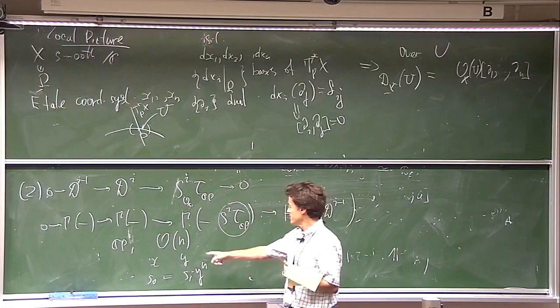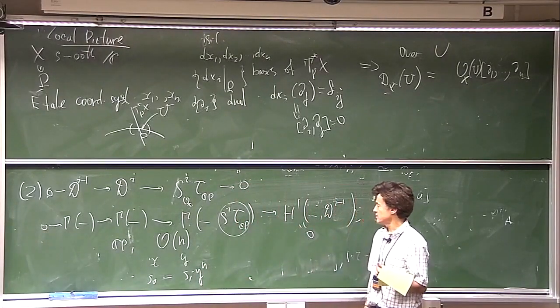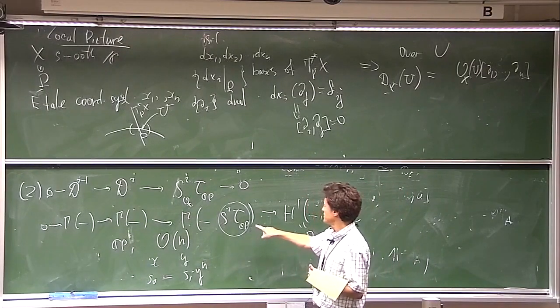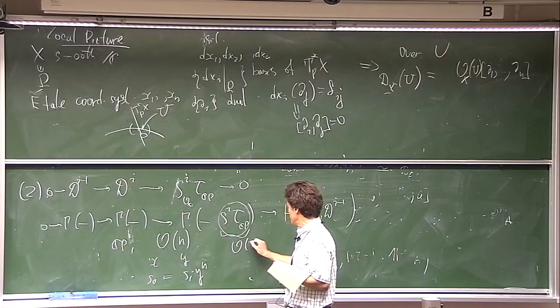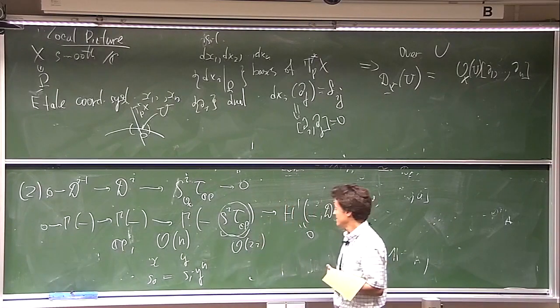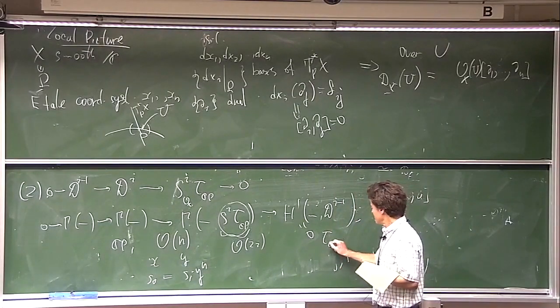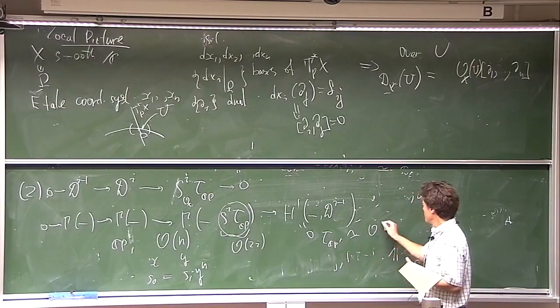So if n is positive, such things tend to have global sections. And the point of this discussion is that S^i is precisely O(i). So for example, the vector field is O(2).